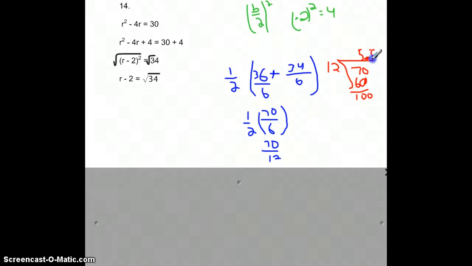Okay, 12 times 8 is 96. And then 4. Okay, it's going to be 3. 12 times 3 is 36. And you'll see what's going to happen here. We're going to get a repeating 3. So they want us to round to the nearest hundredths, we said, when we're dealing with Heron's. So really, when we come out with Heron's, what we end up with here is 5.83 is what we'll round to.